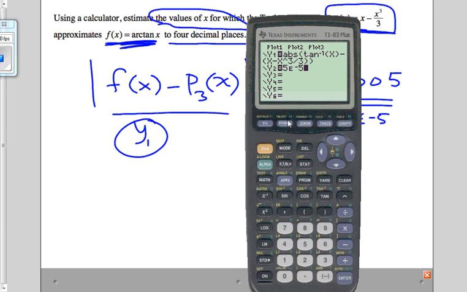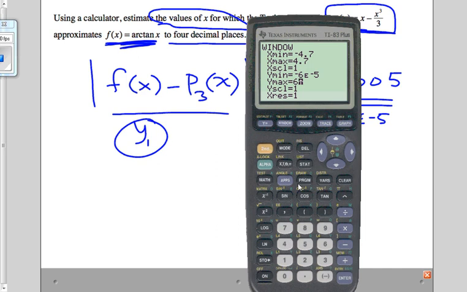So let's change our window so that the y values are going from negative 5 e negative 5, sorry, make that negative 6 e negative 5, and then going up to 6 e negative 5.